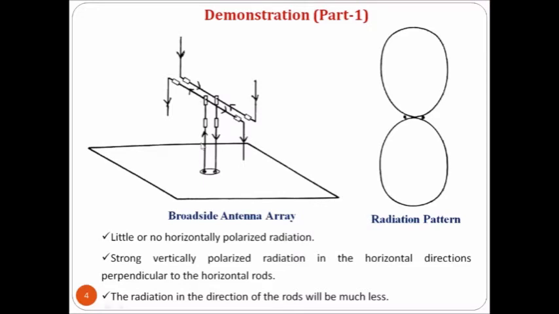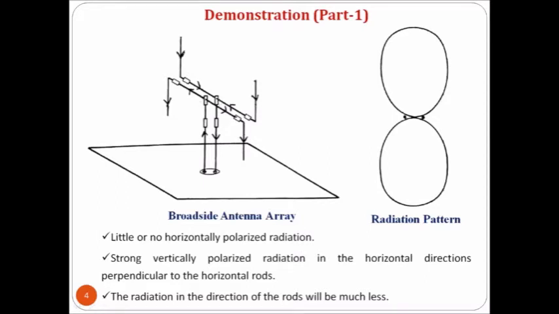Just observe the current distribution in various rods present over here. The current in this vertical rod gets split into two equal currents like this. And the current in this second vertical rod will be in the opposite direction and is the sum of the two equal currents coming from these two angled arms.